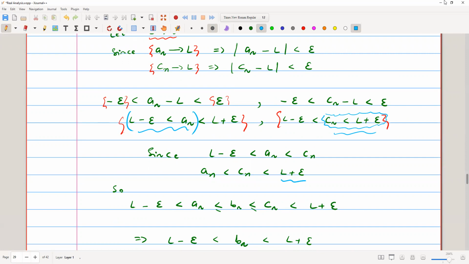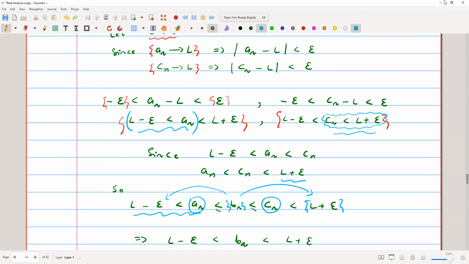So we can write that An is greater than L minus epsilon, where An is less than or equal to Bn, given in the condition, and Bn is less than or equal to Cn, and therefore Cn is less than L plus epsilon. And if we remove these two elements, An and Cn, therefore Bn is greater than L minus epsilon and Bn is less than L plus epsilon.